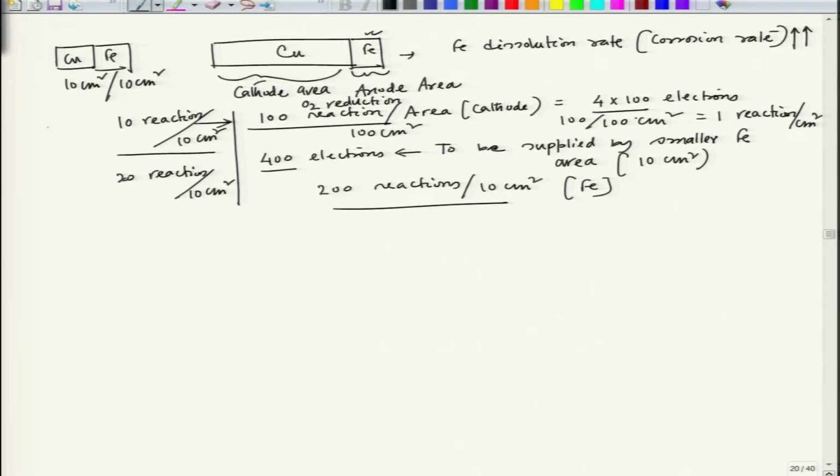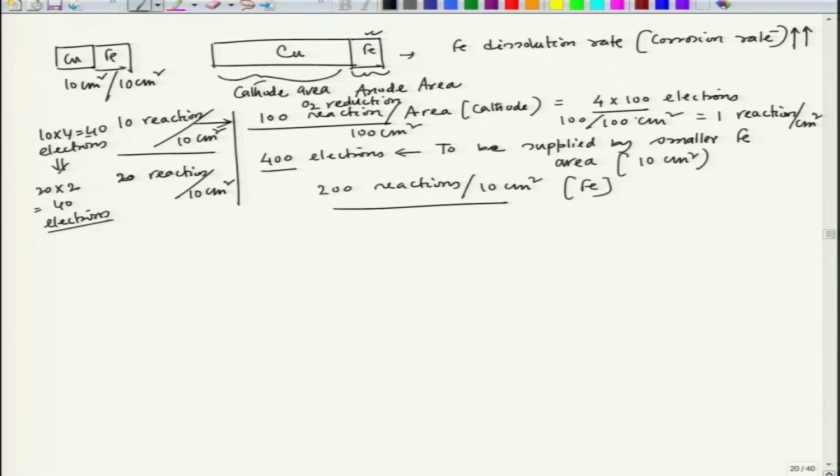So, that means we need 10 into 4 electrons, which will be given by 20 reactions into 2 equal to 40. So, this becomes 40, this becomes 40. So, the 40 electrons from the iron surface, because from iron we are taking out 2 electrons. So, that means here 20 reactions per 10 centimeter square.